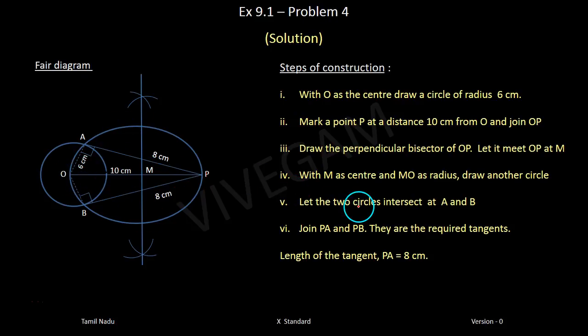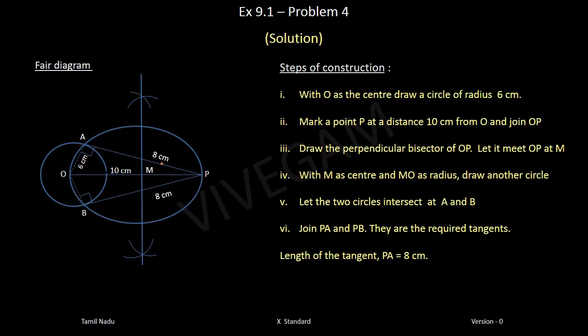Let the two circles intersect at A and B. Join PA and PB. That is the required tangent. You measure AP and PB. It will be 8 cm. You have done it correctly.